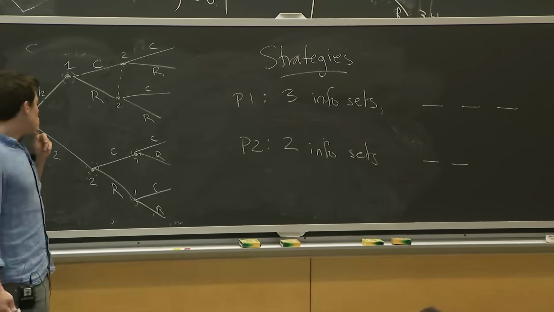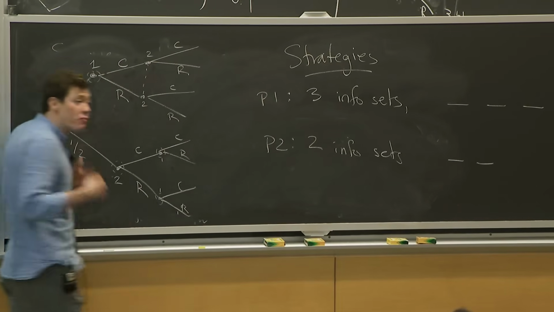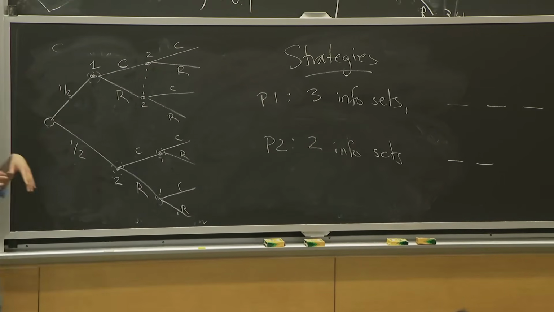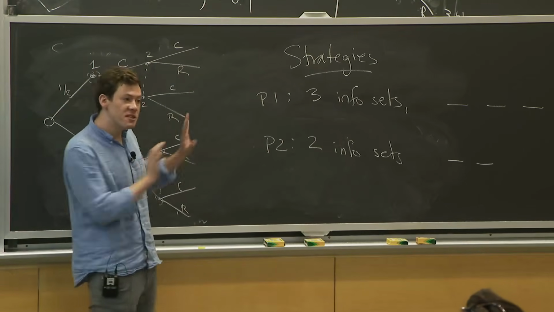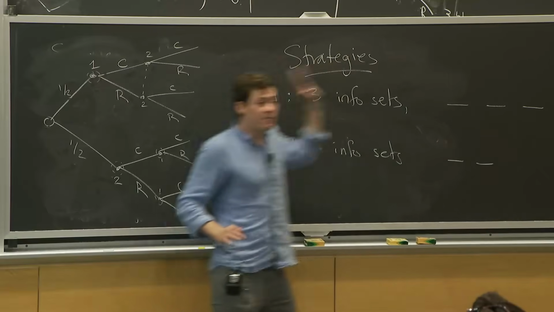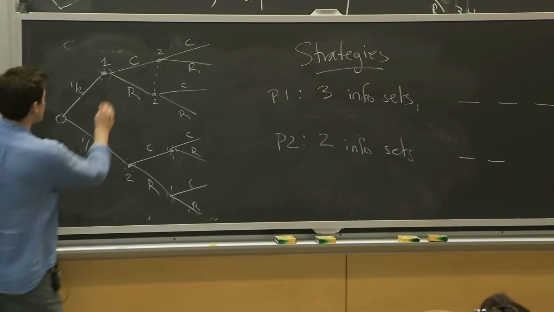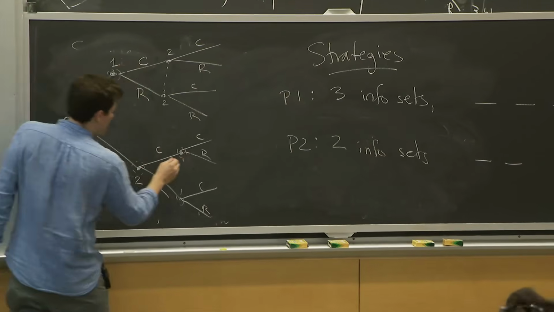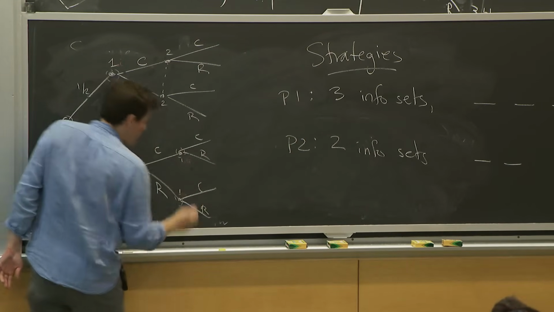Now, the next thing is it's often helpful to number the information sets. On a problem set, you could either explicitly number them, or maybe you could indicate how you're going to number them so that the TA understands. But it's important that you're clear about which of these slots each information set corresponds to. So maybe I'll label player 1's information sets 1I, 2I, and 3I.